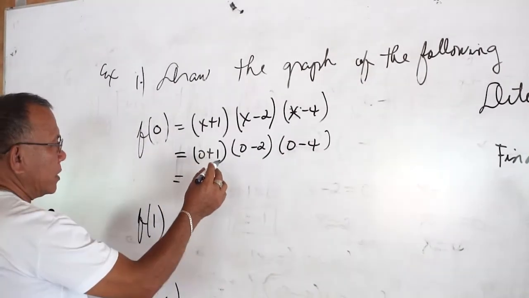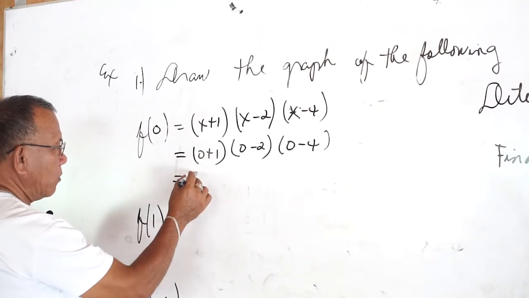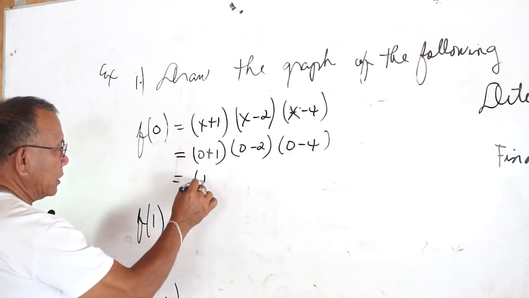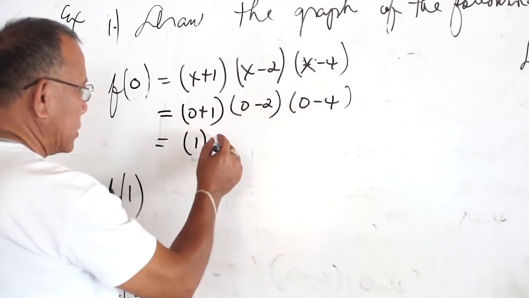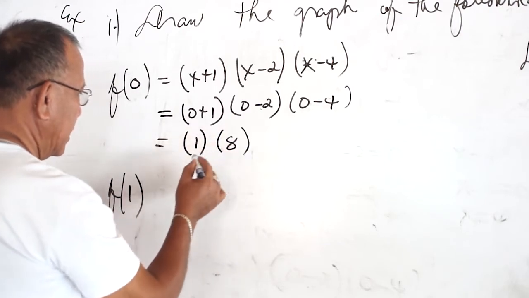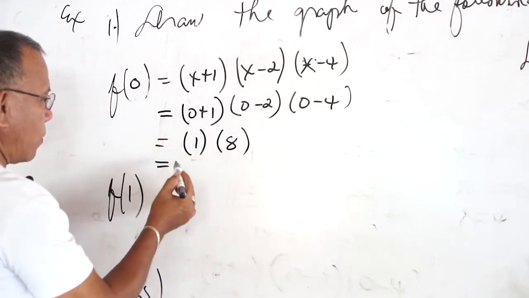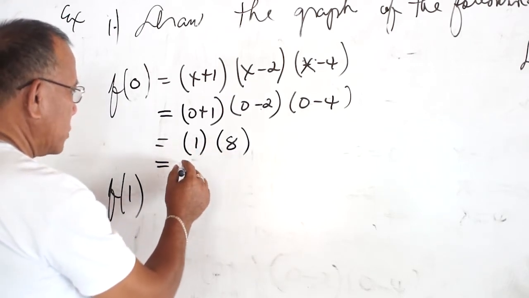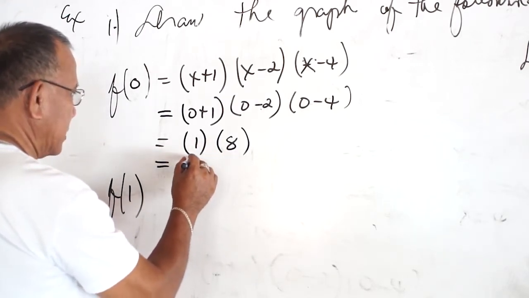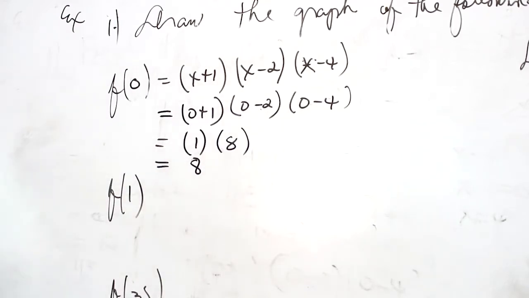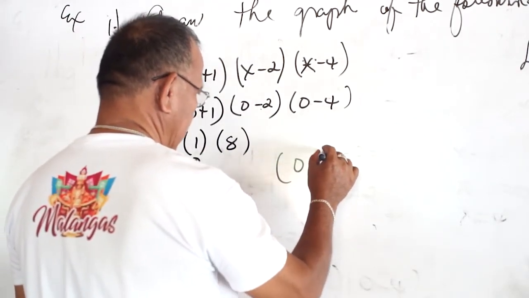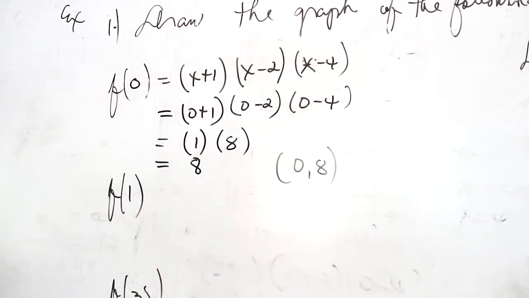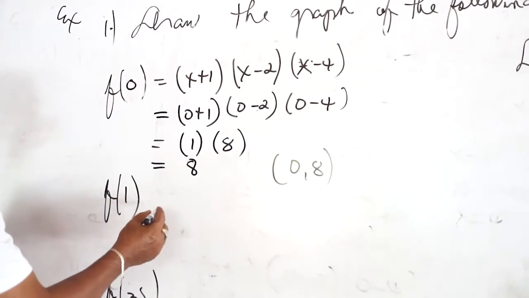We have 1 multiplied by negative 2 times negative 4, the result is positive 8. Then multiply: 8 times 1 is 8. So the coordinate is 0 and 8.